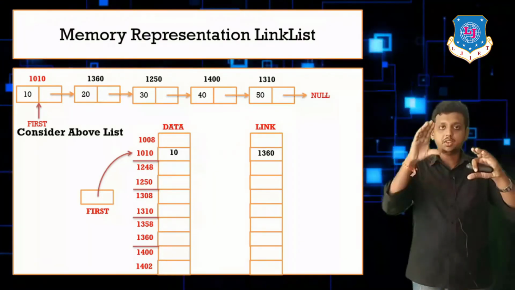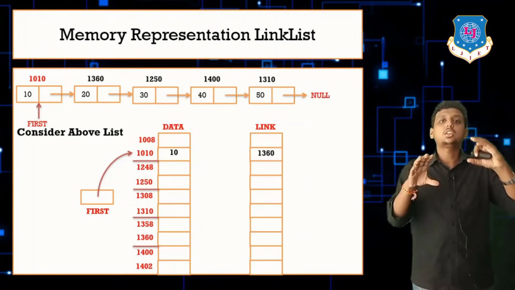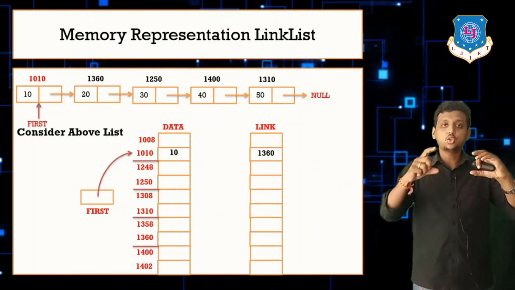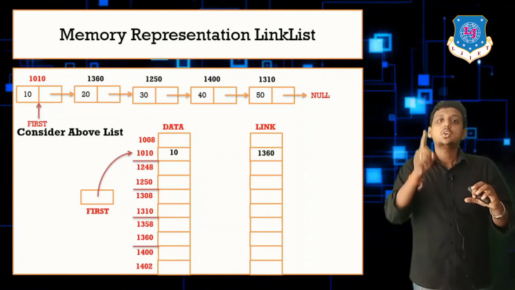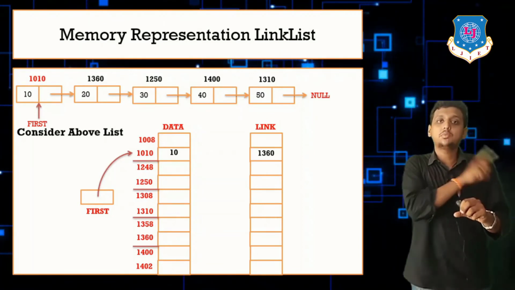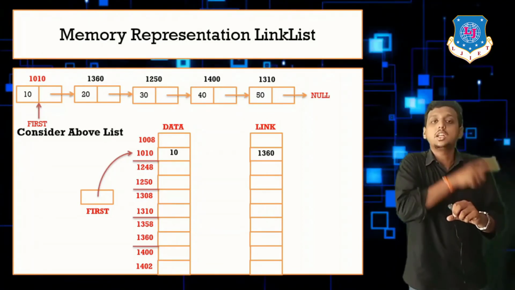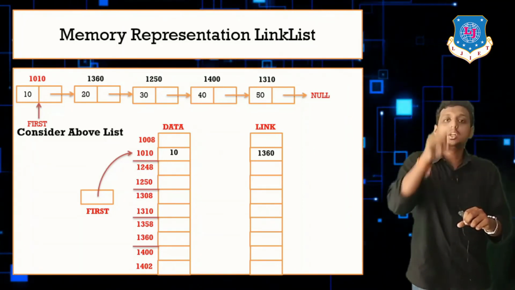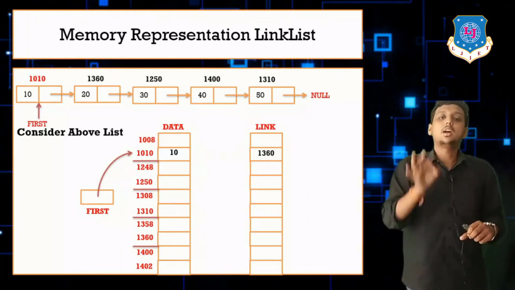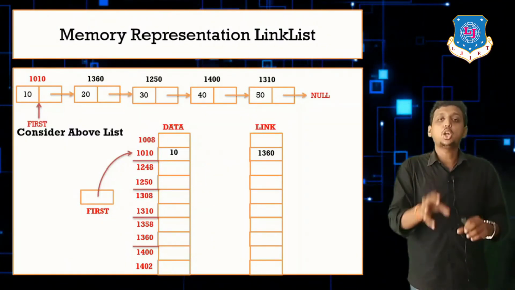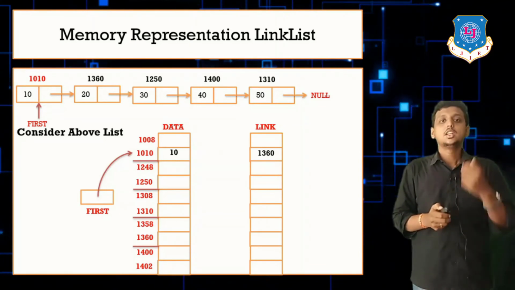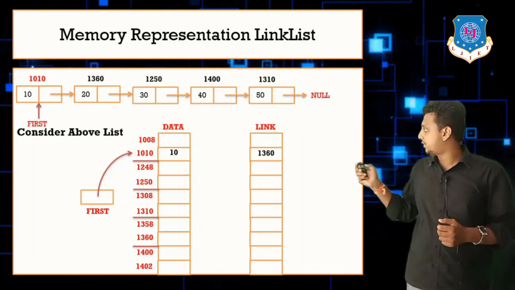In data we put 10. Now the pointer is going to point to the next node, and here the next node of the linked list contains the address 1360. That's why its value is going to be stored in the pointer value of the first node. Fine. So the second node starts from 1360.